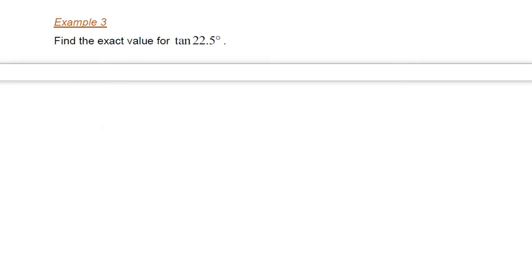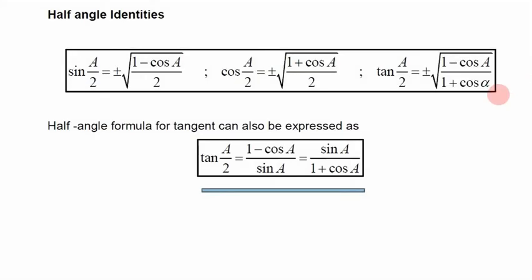Now we look at example 3. We want to find the exact value for tangent 22.5 degrees. For the half angle identity for tangent, we have tangent A over 2 equal to square root of 1 minus cos A over 1 plus cos A, and another one is sine A over 1 plus cos A, or 1 minus cos A over sine A. Let's say we use this formula to find the tangent half angle.